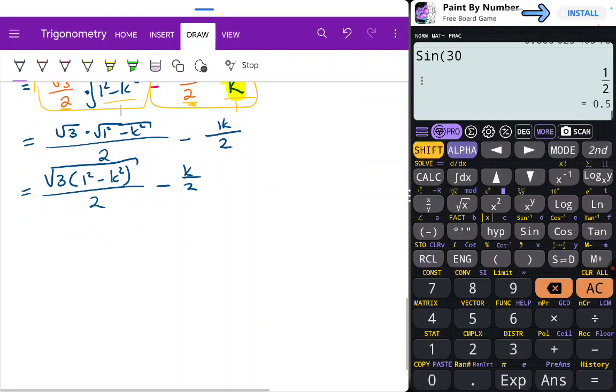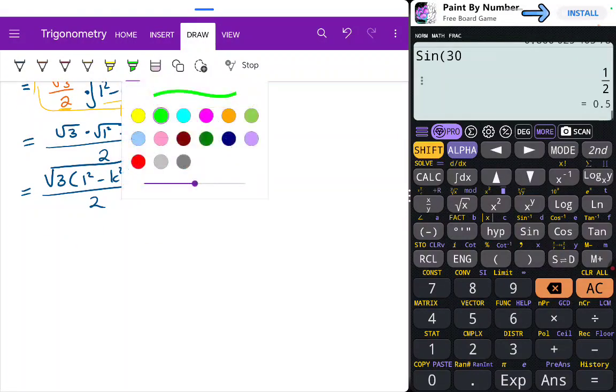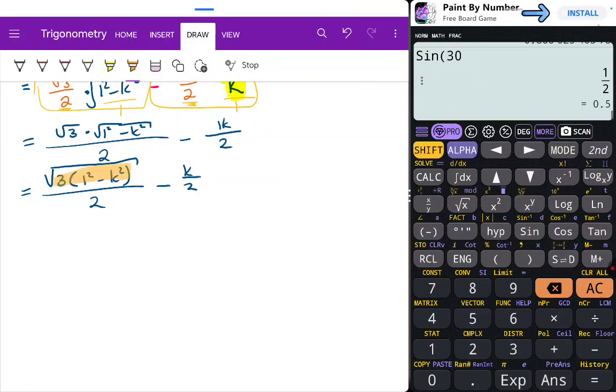So in this, I'm just dealing with this portion here for the time being. What happens there is we distribute, and you have 3 minus 3k squared, square root all of that, divided by 2 minus k over 2. Beautiful. The first one is sorted out.